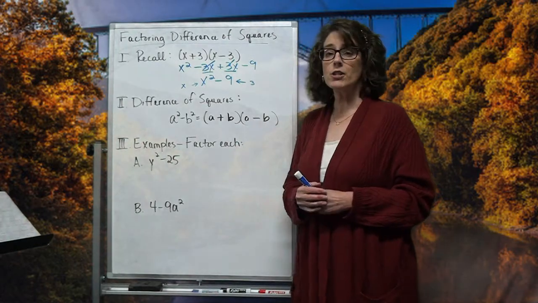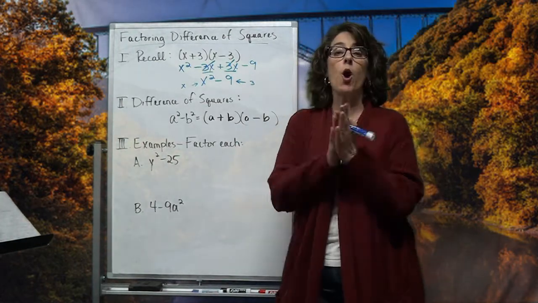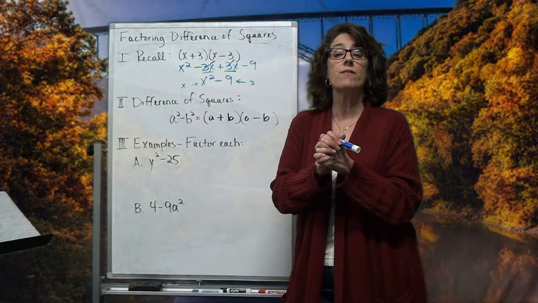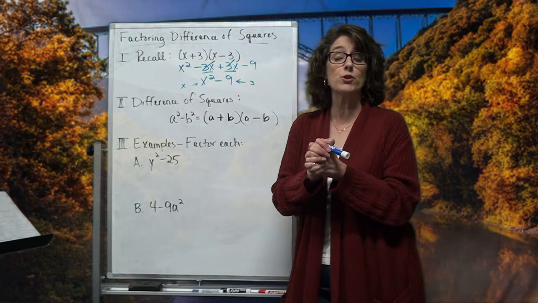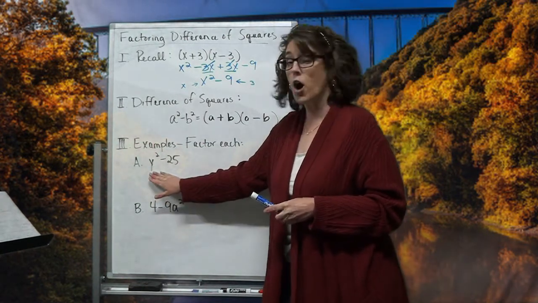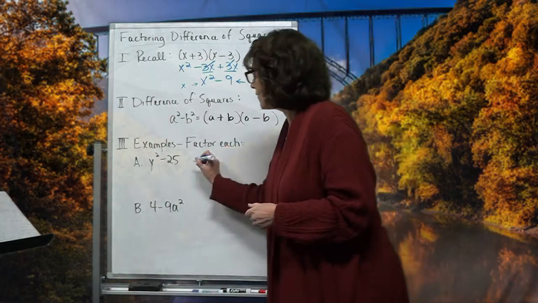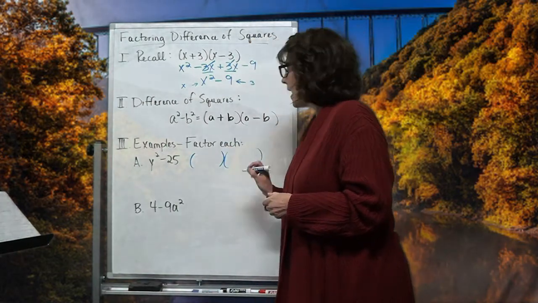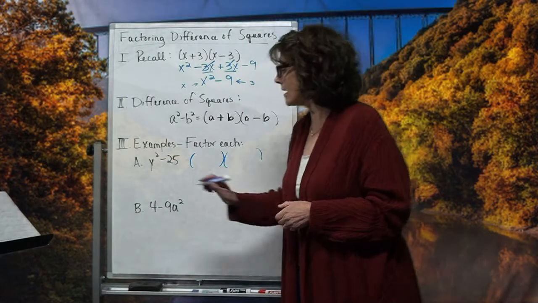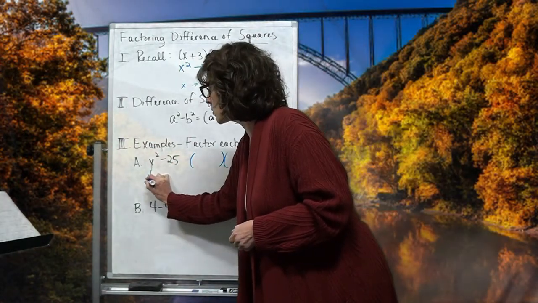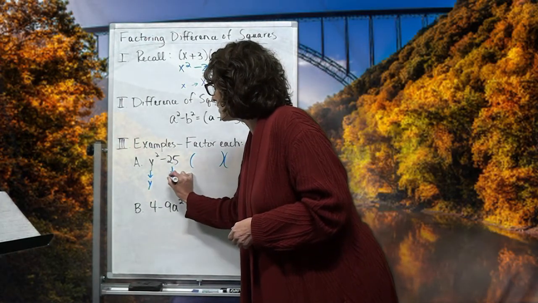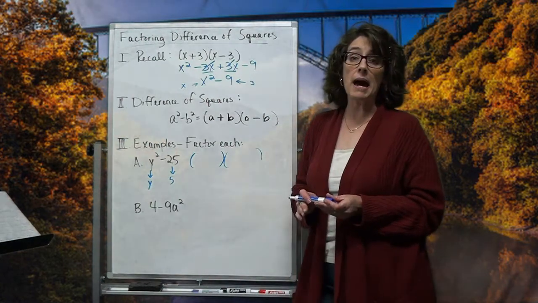So, let's take a look at some examples. Remember, always look first to see if there's something common you can divide out before you do anything else. There's nothing common here, so I'm going to head for that double parentheses. Once again, I can recognize difference of squares: the square root of that is y, the square root of this is 5, and I can follow that pattern.